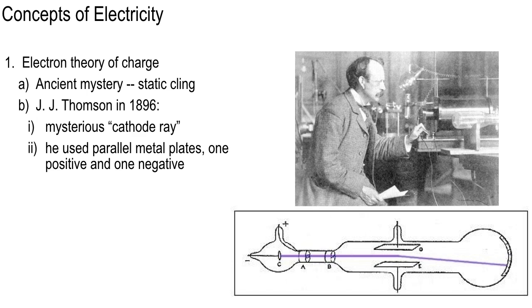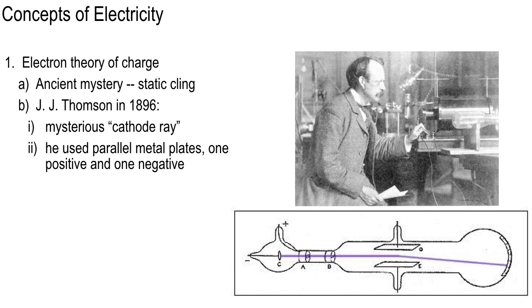So this device down here, at the bottom right, that's a diagram of his device. I have a photo of it I'll show you in a second. He used parallel metal plates, one positive and one negative, to figure out if these cathode rays were positive or negative. And he said positive repels positive, positive attracts negatives.